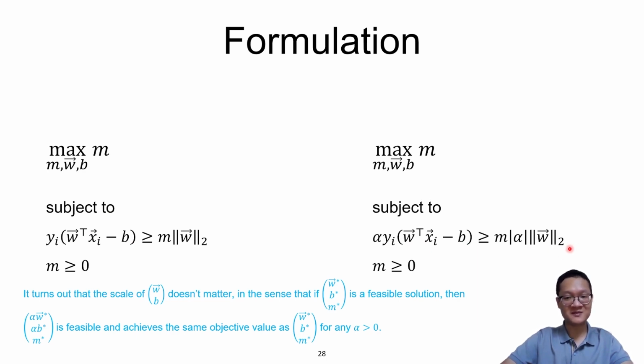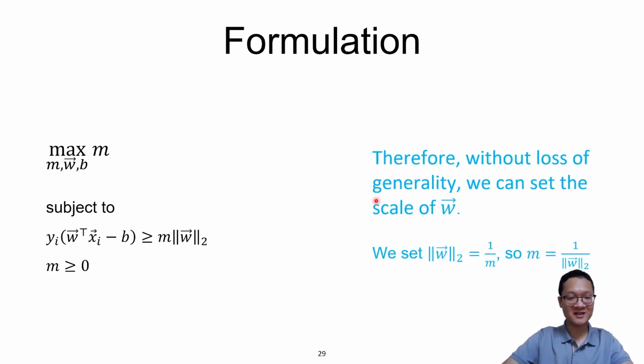If we do some simplification, the alpha comes out on both sides. We assume that alpha will be positive. Because of that, we get to choose any length for w itself, and we're going to choose the length to be 1 over m. Equivalently, we're choosing m equals 1 over the 2 norm of w.